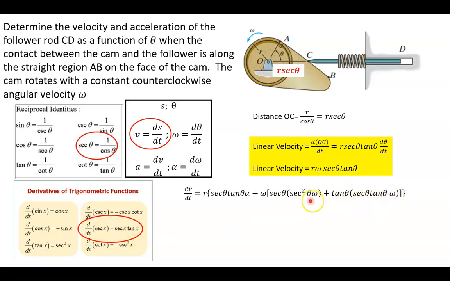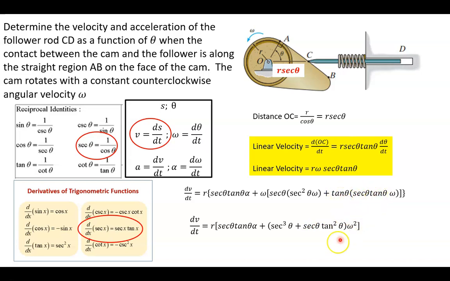So now we're going to have a pretty messy calculation there, but it'll get a little cleaned up. For one, we're going to be able to factor out all those omegas, and we've got another piece of information here that's going to become very important in that simplification. So to simplify this acceleration, the secant theta times the secant squared gives us secant of theta cubed, plus secant of theta times tangent squared.